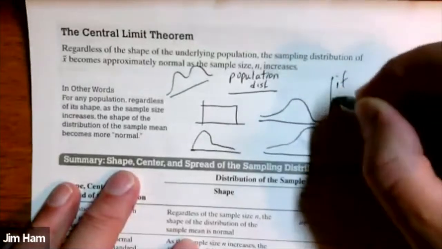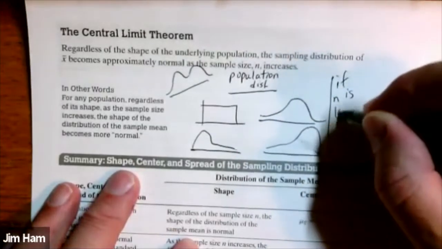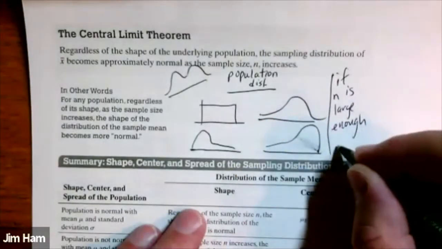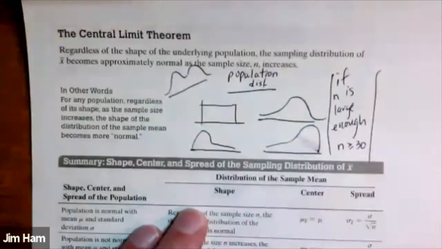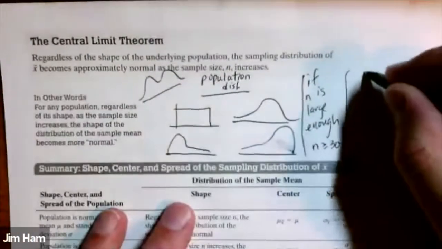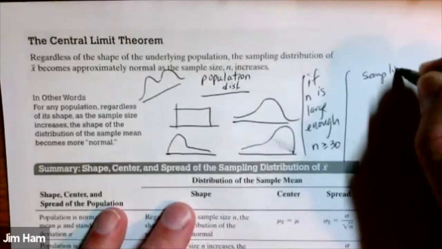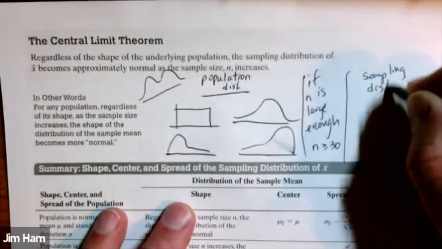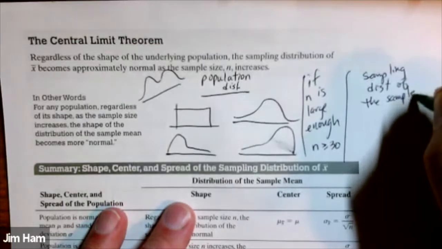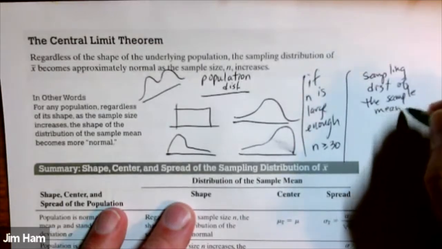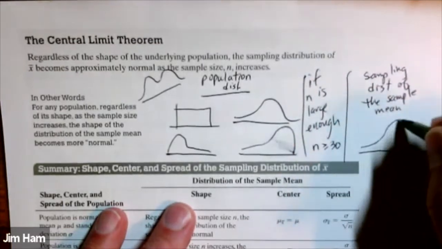If n is large enough, and our benchmark is going to be if n is greater than or equal to 30, then the sampling distribution of the sample mean, which is our focus for today, will be normal.